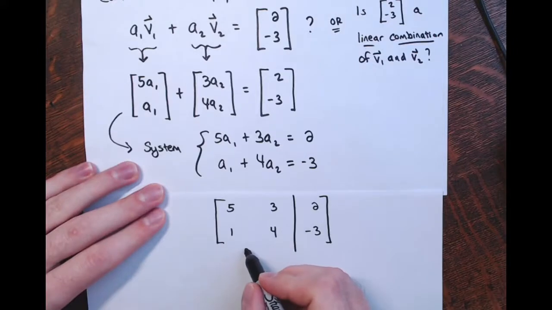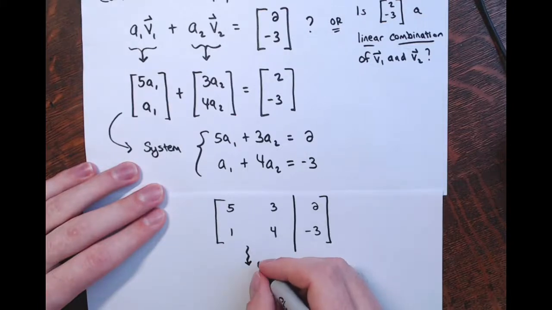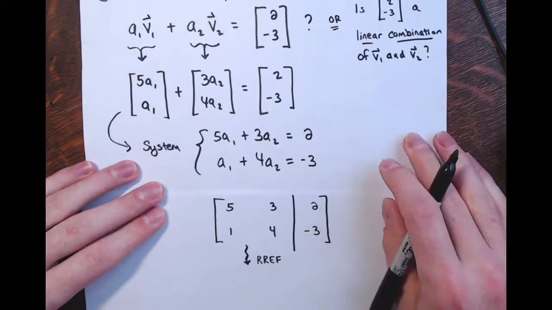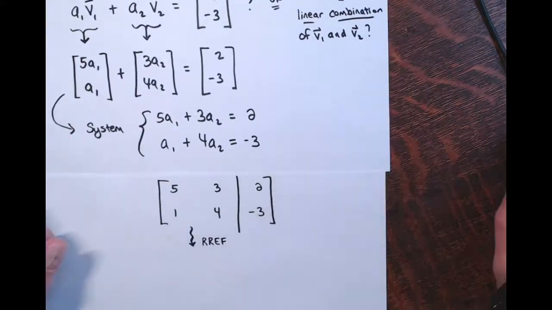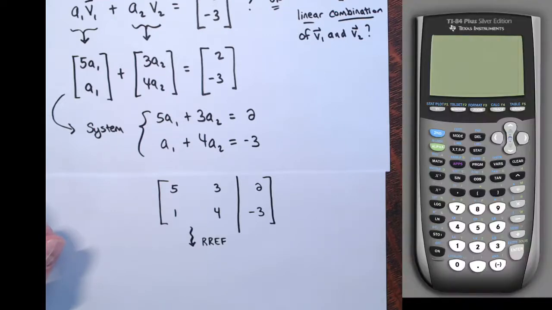So what I'm going to do in a lot of videos from here on out is say, here's my matrix setup. Let's put this into reduced row echelon form with our calculator. So I'm going to pull a calculator up, enter this matrix, and I'll be right back once the matrix is in reduced row echelon form.